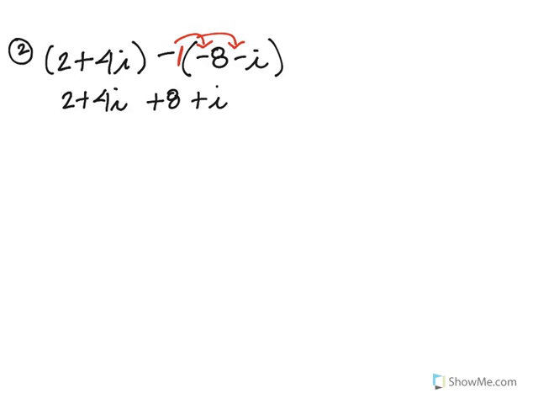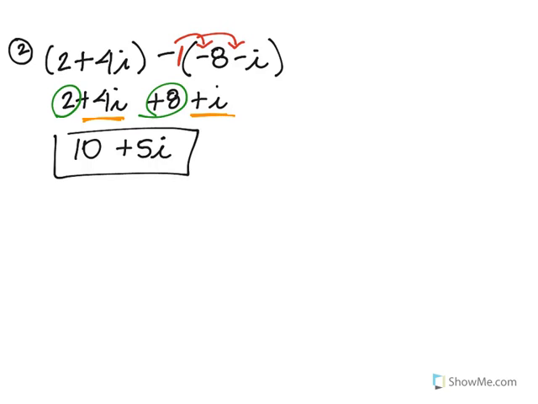So if you combine 2 plus 8, that would give us 10. And then positive 4i plus 1i is a positive 5i. So that's what you get when you subtract those two. Questions?